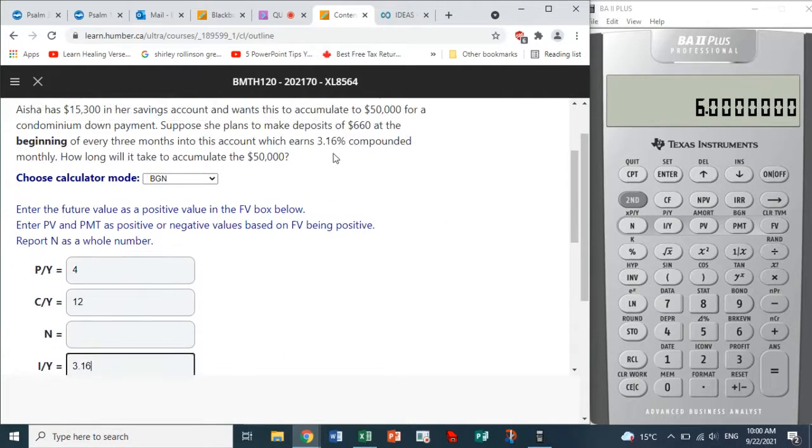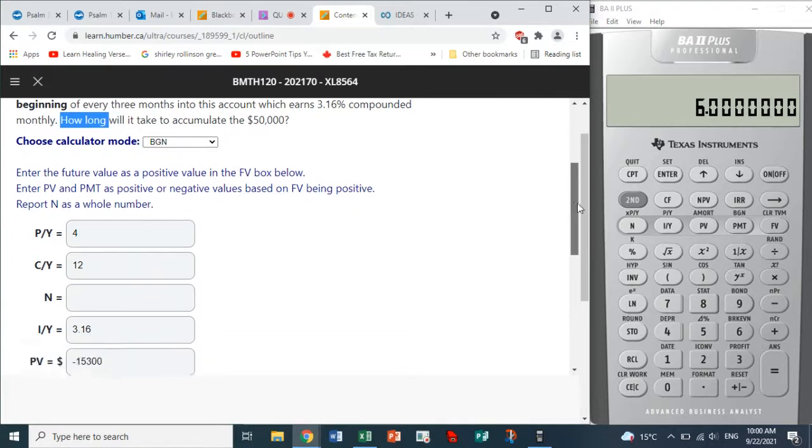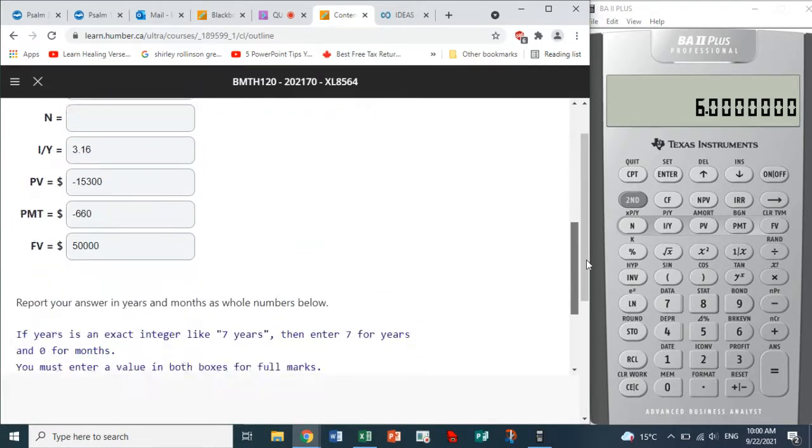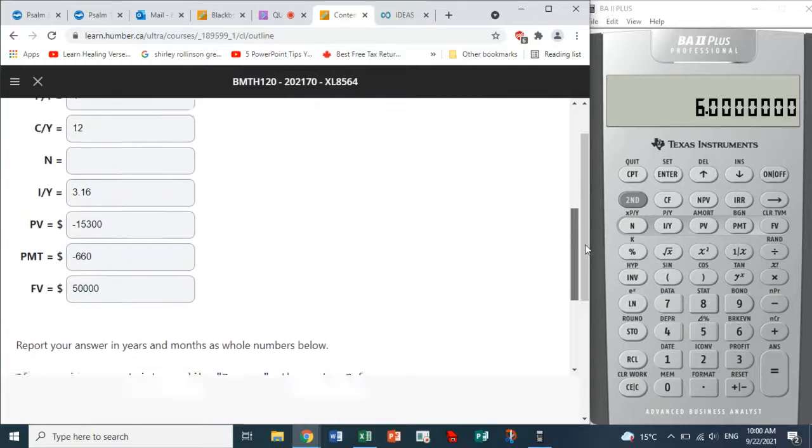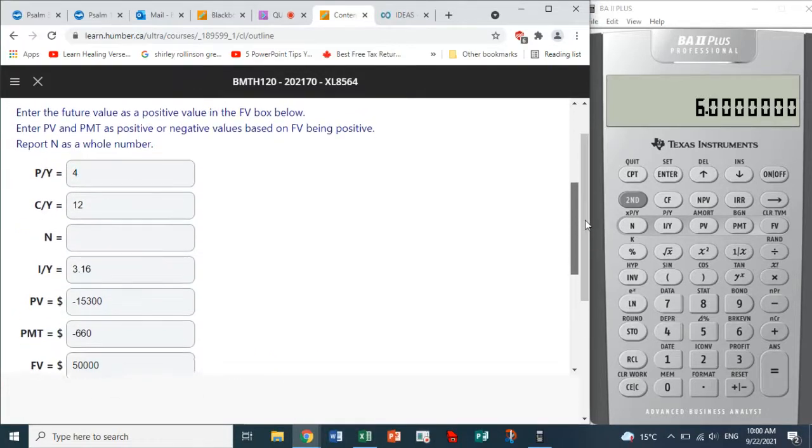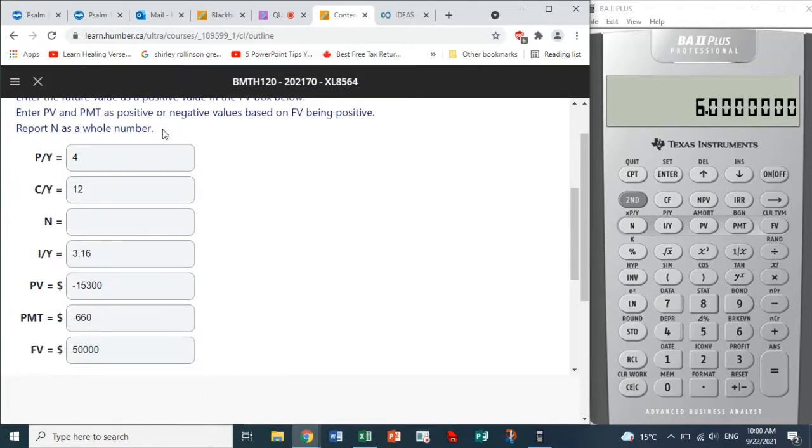The 3.16 came from right up here. Okay, so how long? How long means we have to get at n. Okay, how long will it take? So let's do that first, and then we will see what happens. Report n as a whole number.